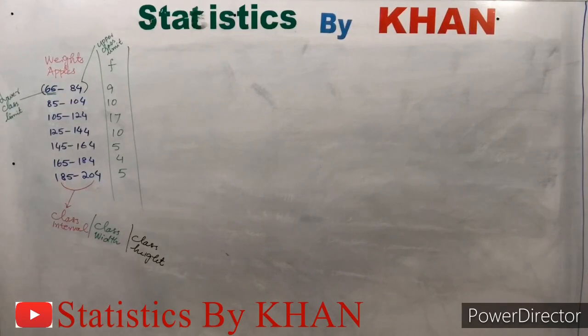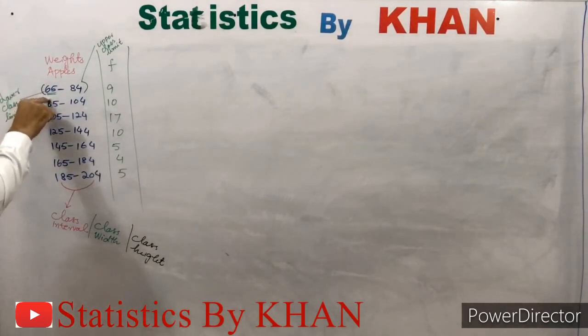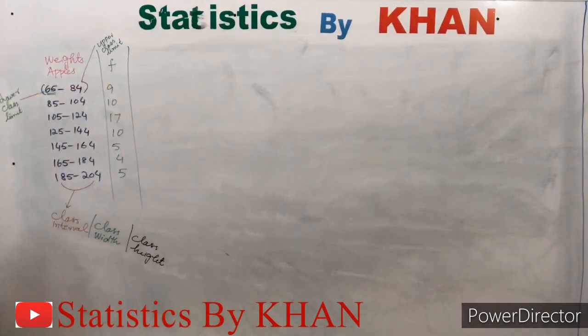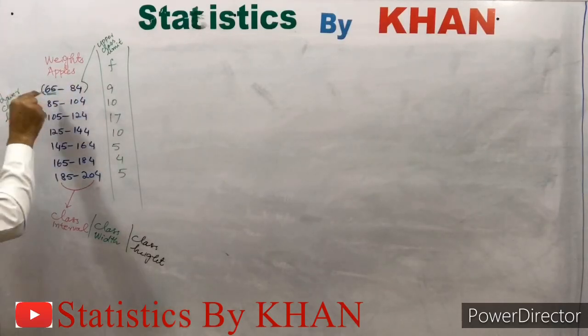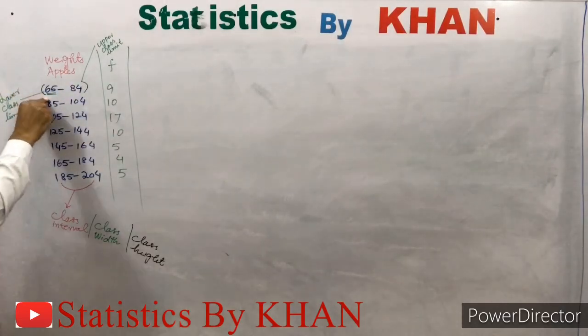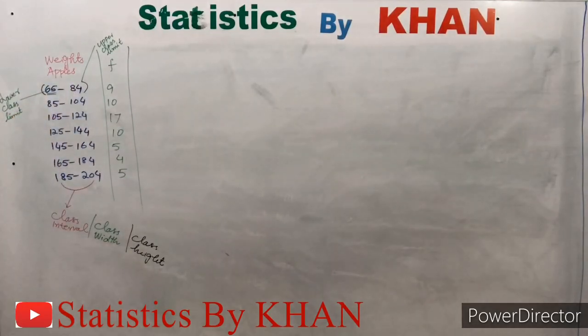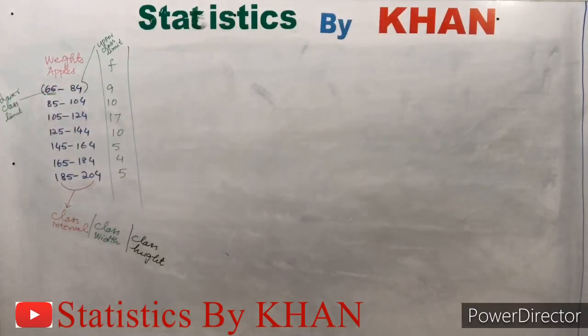So now let's look at the first class from 65 to 84. What does it mean? Its frequency is 9. It means that 9 apples have weight 65 or above, 84 or below. There are 9 apples whose weights are between 65 and 84.